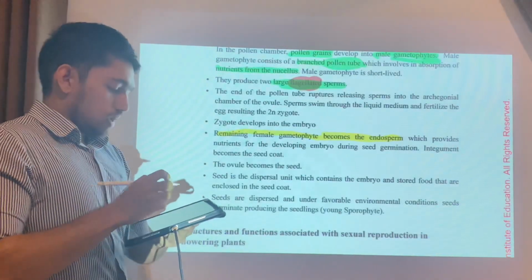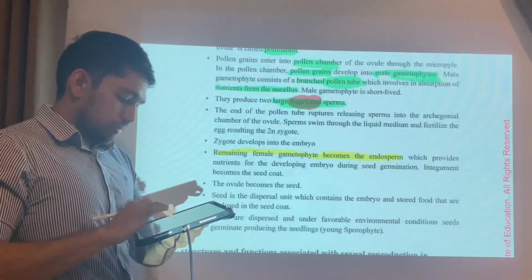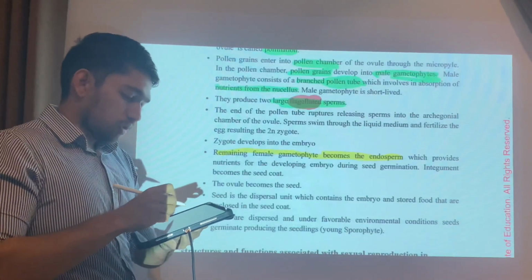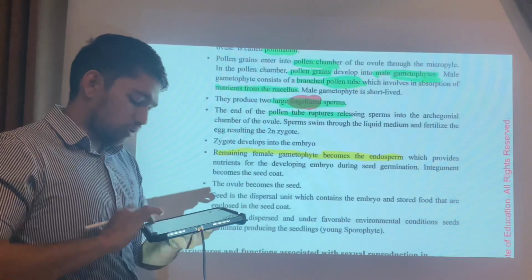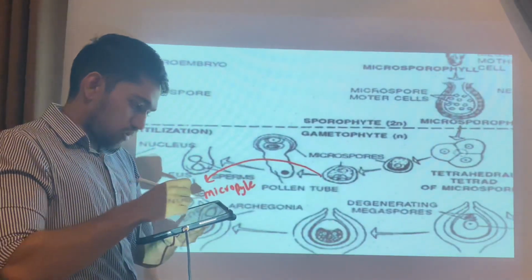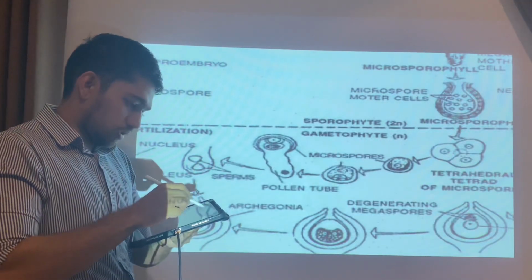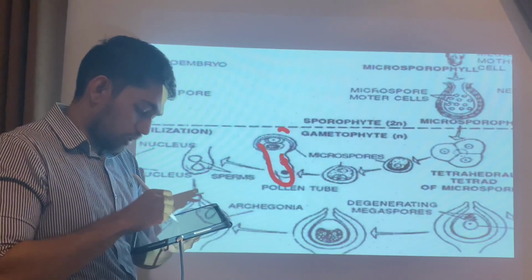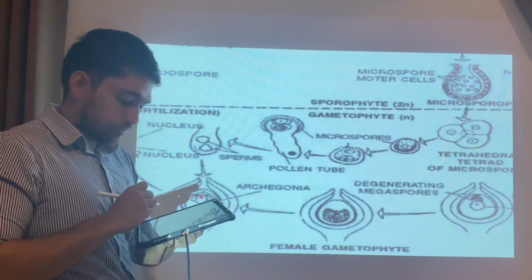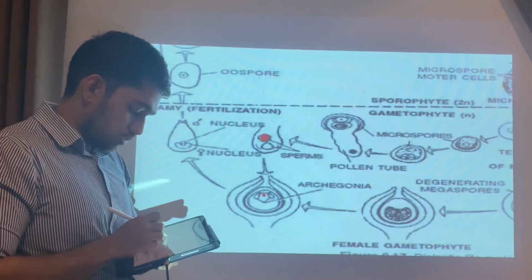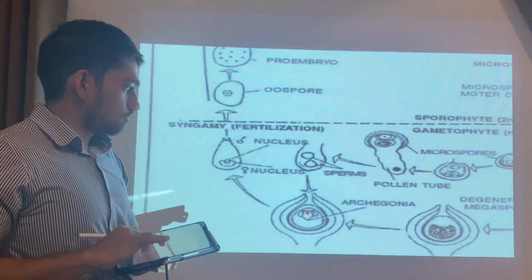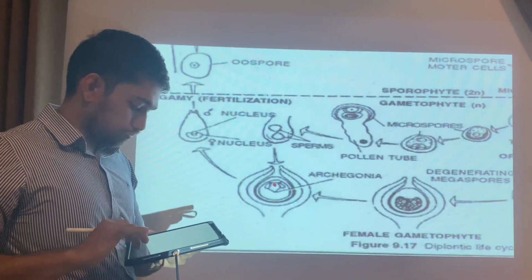Okay, and so the pollen tube will reach into the archegonium, right, and the end of it will rupture. It's not clear in this diagram, right? See here, this is the pollen tube, and at the end you can see the two sperms. The two sperms will be released very close to the archegonium.